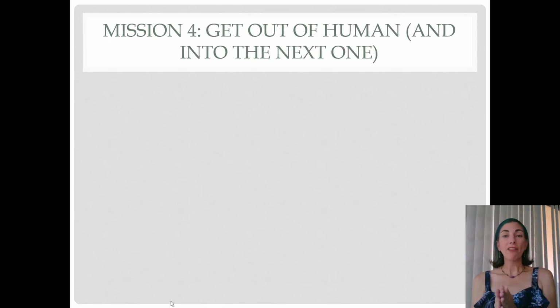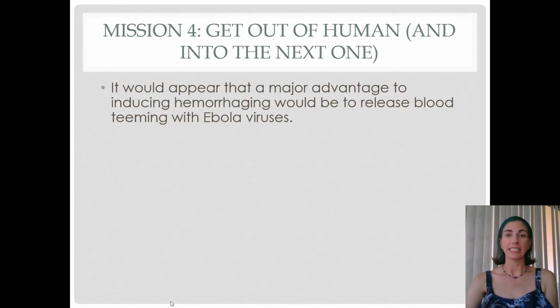Okay. So now that you've wreaked havoc in this human, it is time to get out of this human and into the next one. And your best portal of exit is going to be blood. You will have the highest viral load and the best chance of getting into a new human if they handle an infected person that's bleeding out of their orifices.